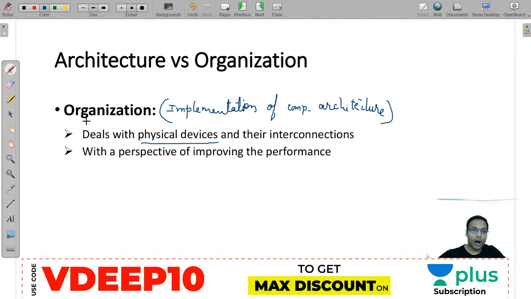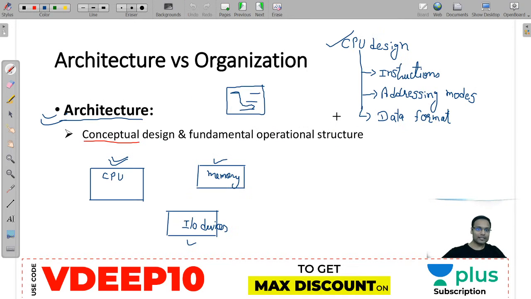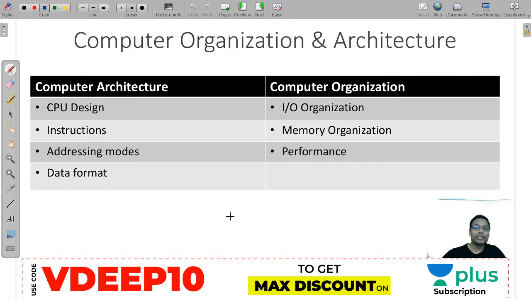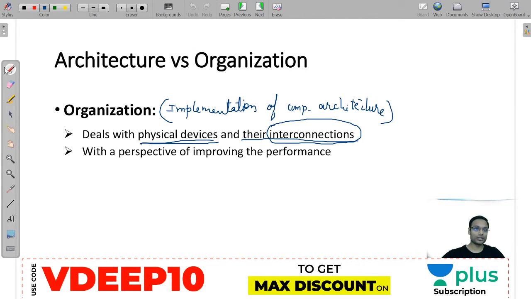Now see what organization says: it deals with physical devices, meaning implementation, and their interconnection. This is a very important point. Previously I told you that this is the device, this is the device. Now I am telling you how these devices communicate with each other.